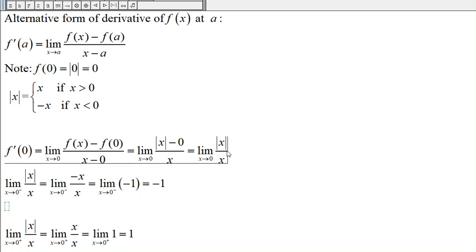And therefore the limit at 0 does not exist. So we let x approach 0 from the left side, we get negative 1. And we let x approach 0 from the right side, we get positive 1. So they're different, and therefore the limit at 0 does not exist.